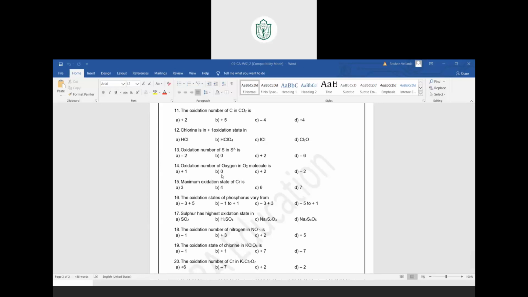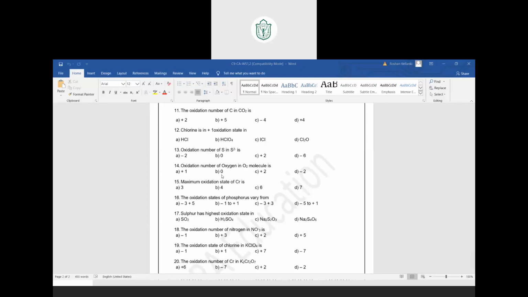Chlorine is more electronegative. Correct. The reason is chlorine is a 3rd period element. Iodine is a 5th period element. Top to bottom, electronegativity increases or decreases? Decreases. So chlorine is more electronegative than iodine. So here also chlorine gets a negative 1, iodine gets a positive 1.